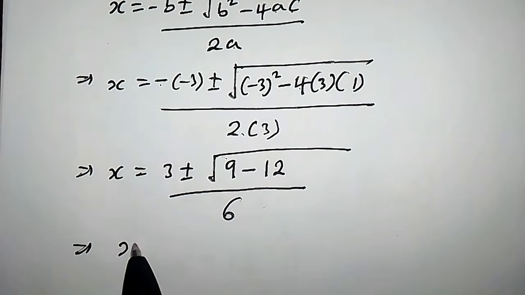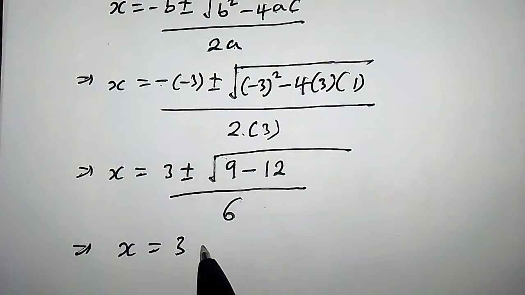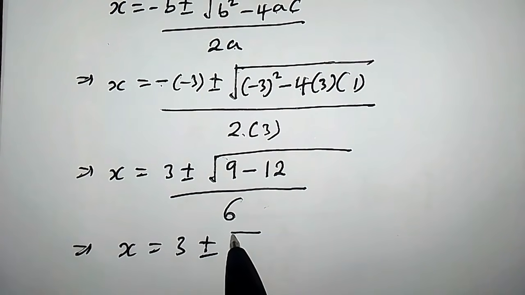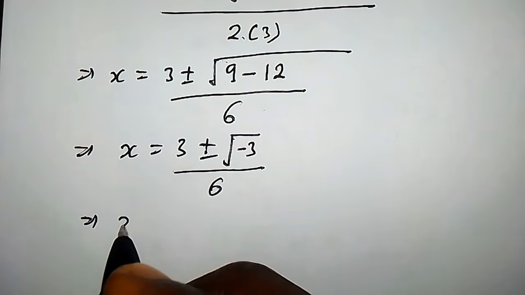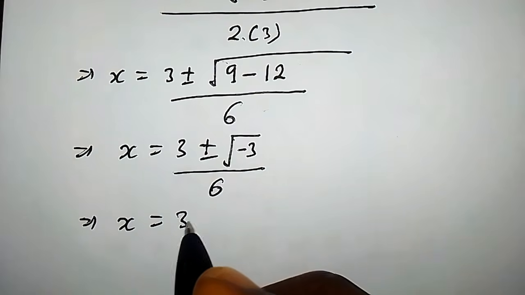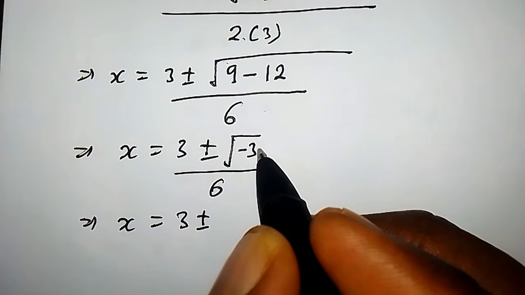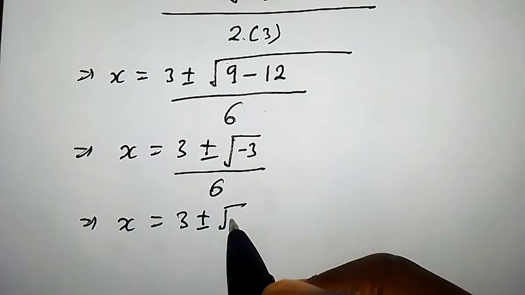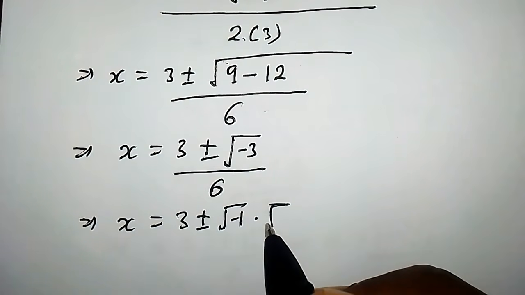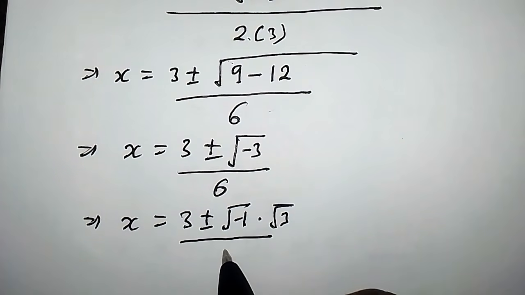This means that x is equal to 3 plus or minus square root of 9 minus 12, that is negative 3, all divided by 6. So x is equal to 3 plus or minus, I can rewrite square root of minus 3 as square root of negative 1 times square root of 3, divided by 6.